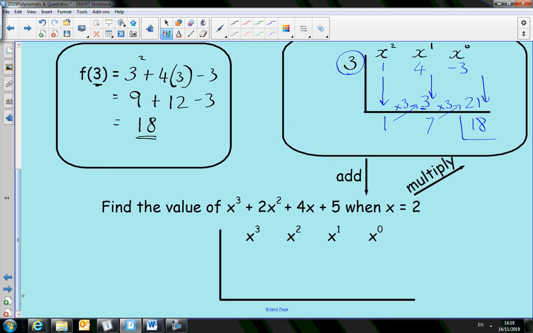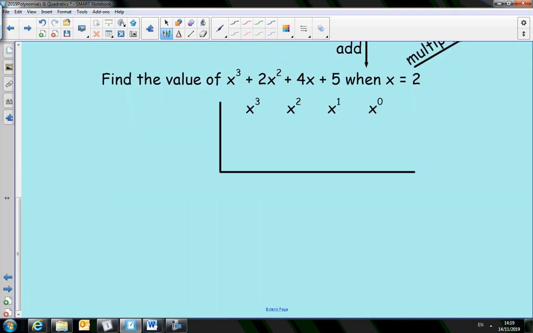So I'm going to do another example with you. So I'm saying find the value of x cubed plus 2x squared plus 4x plus 5 when x is equal to 2. So I've got my synthetic division laid out there, and the value we're going to be substituting in is going to be x is equal to 2, and that's going to go there.